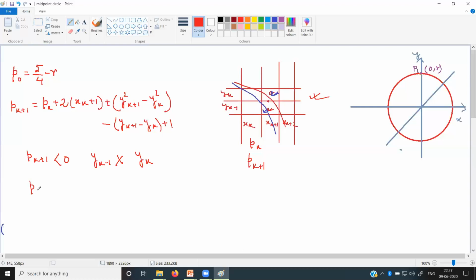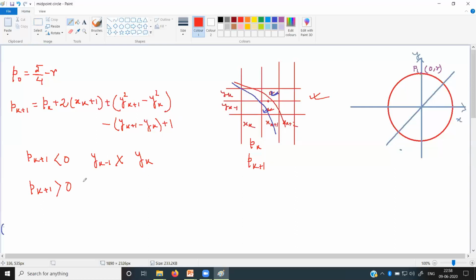Similarly, if the decision parameter is greater than 0, it means the midpoint is outside of the circle. So if you consider the y value as yk, your y coordinate will go far away from the curve, and that will not give you a good result.